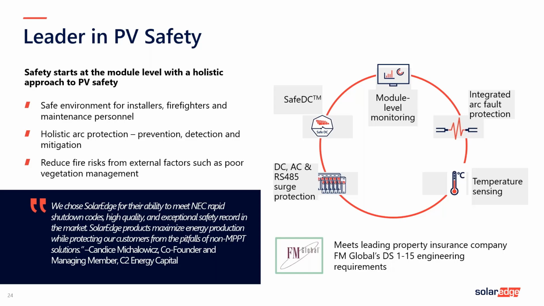In addition to that feature, we also have DC-AC surge protections, integrated arc fault protection, and temperature sensors on our optimizers. And I'll talk about that in the next slide. Just to highlight, we also are on the list of top 2 insurance companies, FM Global and Zurich.